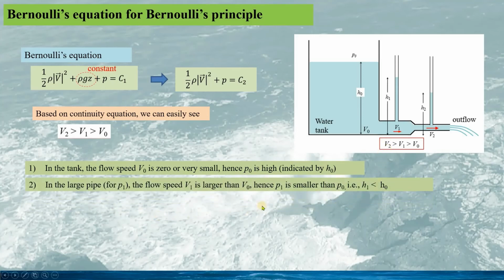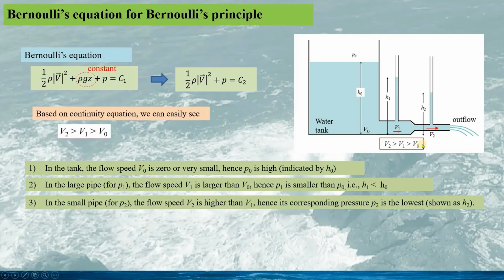In the large pipe, the flow velocity V1 is larger than V0, therefore P1 would be smaller than P0. That is, H1 is lower than H0. And in the small pipe, the flow velocity V2 is highest. Therefore, the corresponding pressure P2 is the lowest, as shown by H2 here.